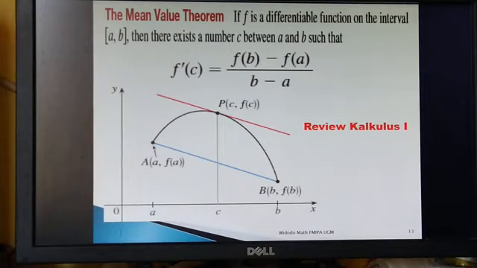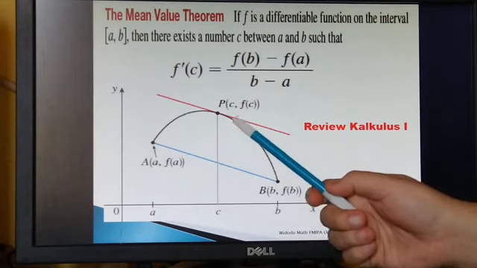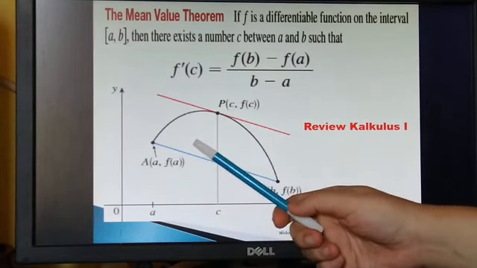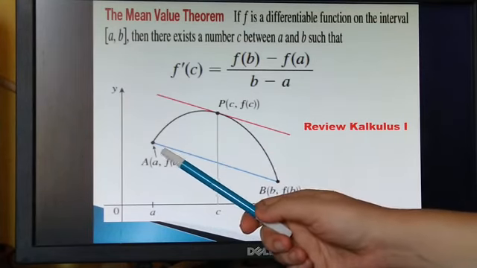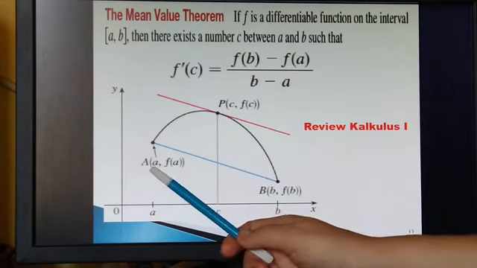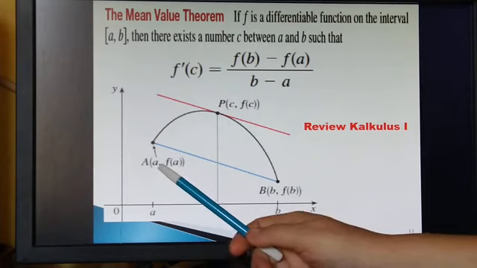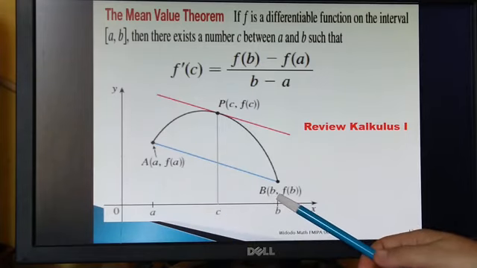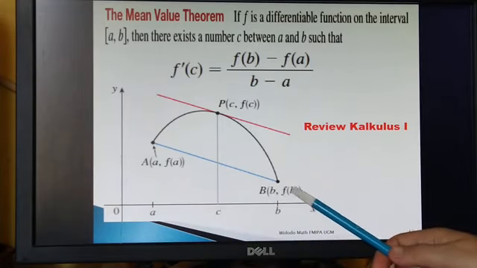For doing this, we have to remember our calculus 1 about the mean value theorem. It just says that if we have a curve like this, the point A is (a, f(a)), the point B is (b, f(b)).